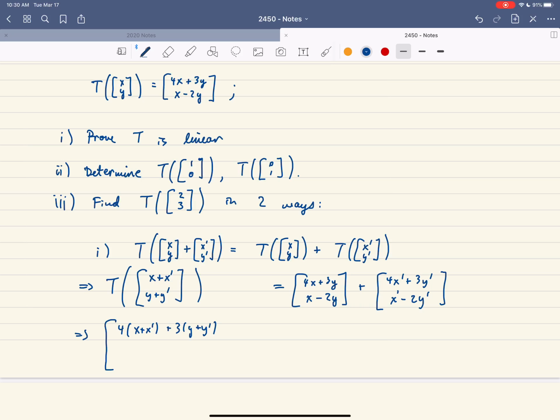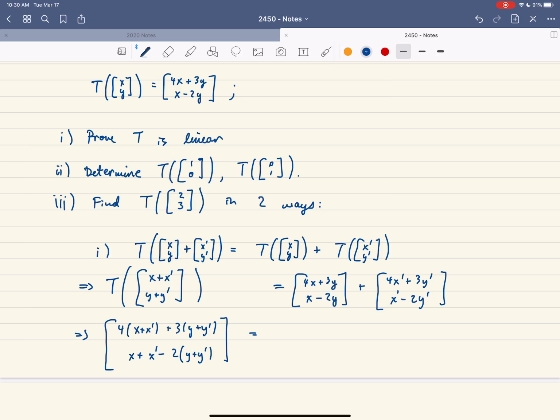And then the bottom value will be the top entry, x plus x', minus 2 times the bottom entry, so that's y plus y'. So that's the image of our pre-image, (x plus x', y plus y').